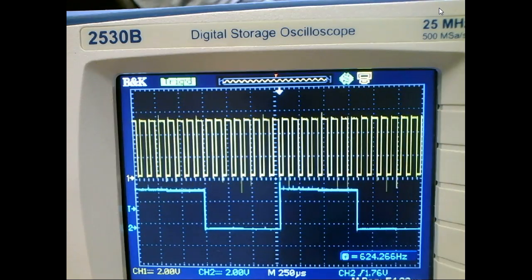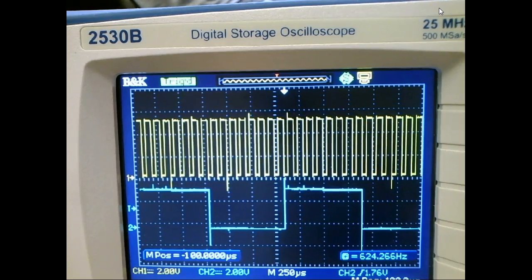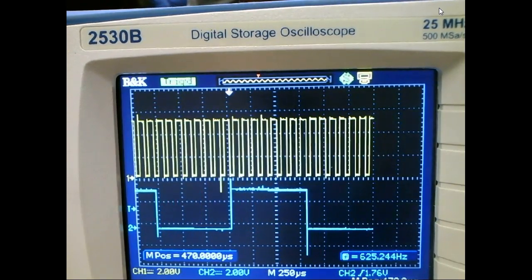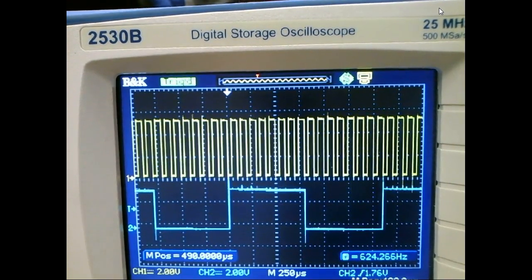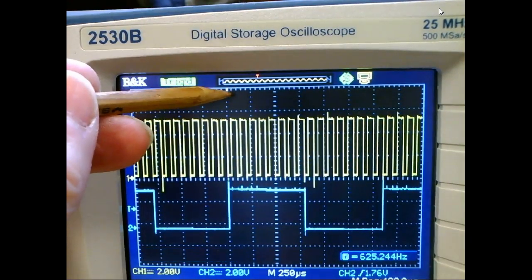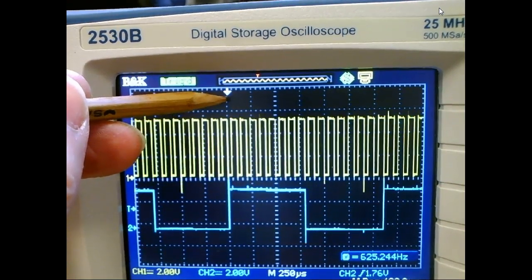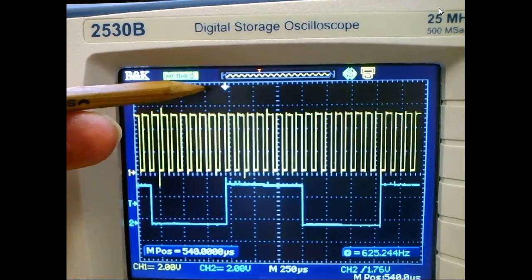Well, we're starting counting on the low. It's just where we're triggered from. So this is my trigger point right here. So this is where we should start counting from. Let me get this on the line.